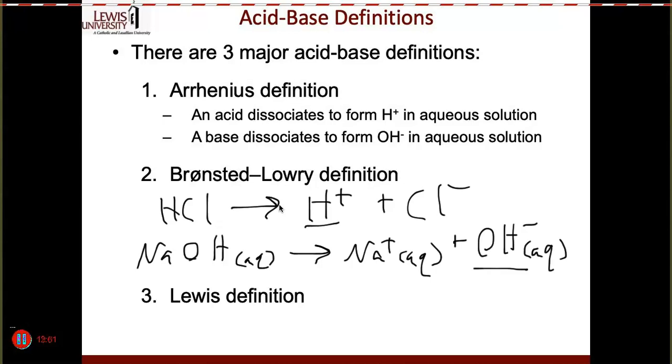So now we fit our definition for the Arrhenius acid and base. But what happens in the case of something like ammonia, NH3? Well, it becomes a lot more difficult because there's no hydroxide there. We know it's a base, so the Arrhenius definition doesn't really hold up here.